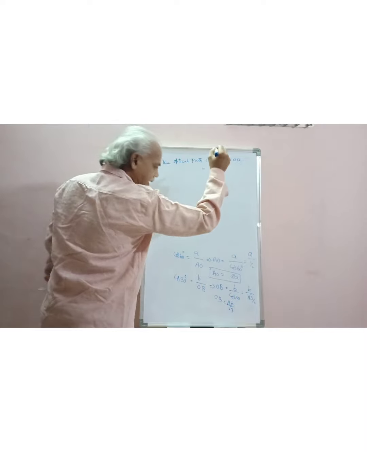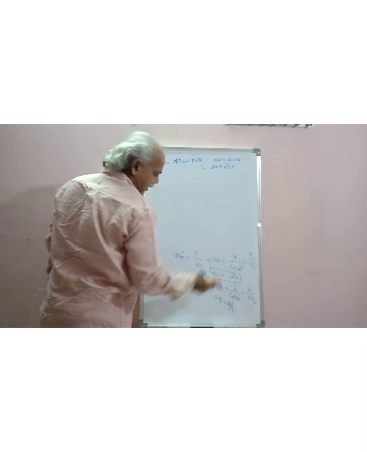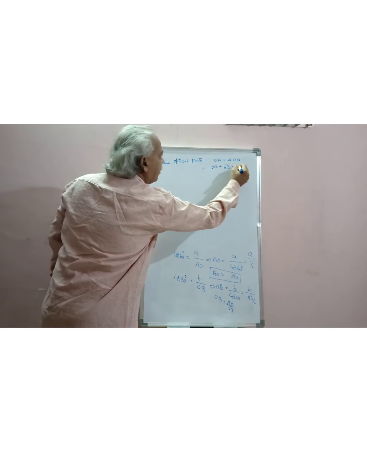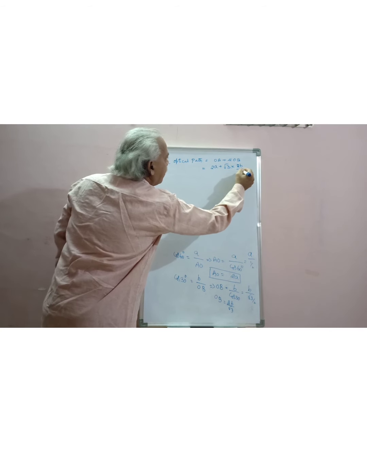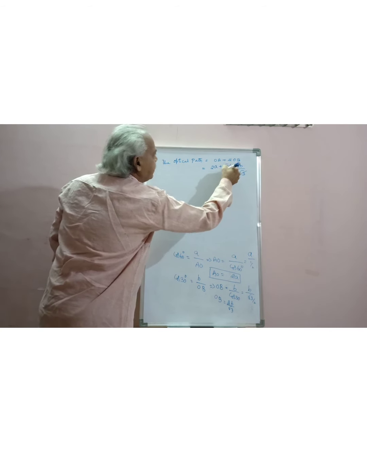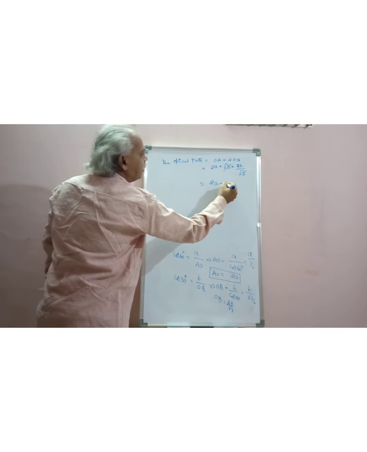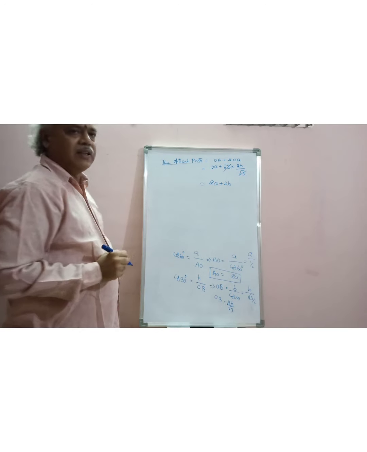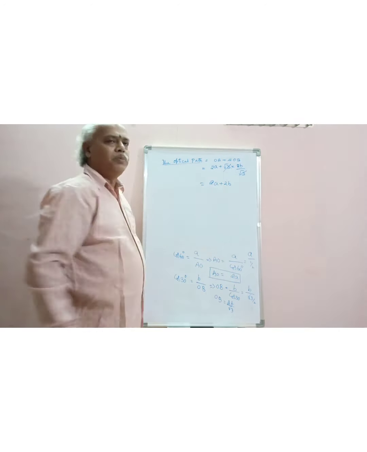Mu value is root 3. And what is OB value? OB value is 2b by root 3. This root 3 cancels, then 2a plus 2b. It is the optical path of that ray of light, that is 2a plus 2b.